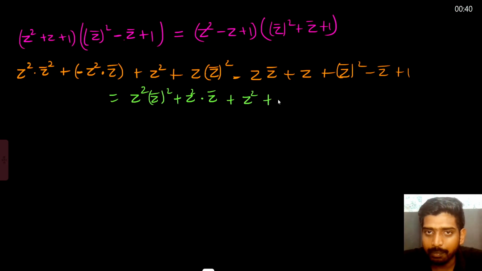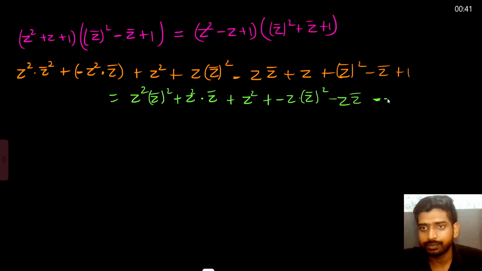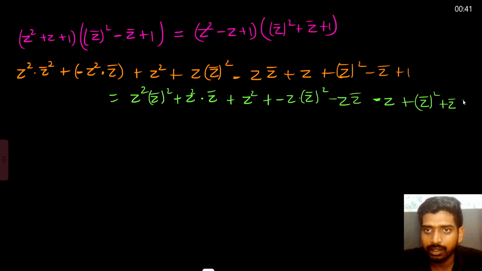Now minus z into z conjugate square, minus z into z conjugate, minus z. Next, plus z conjugate square, plus z conjugate, plus 1. Got it.